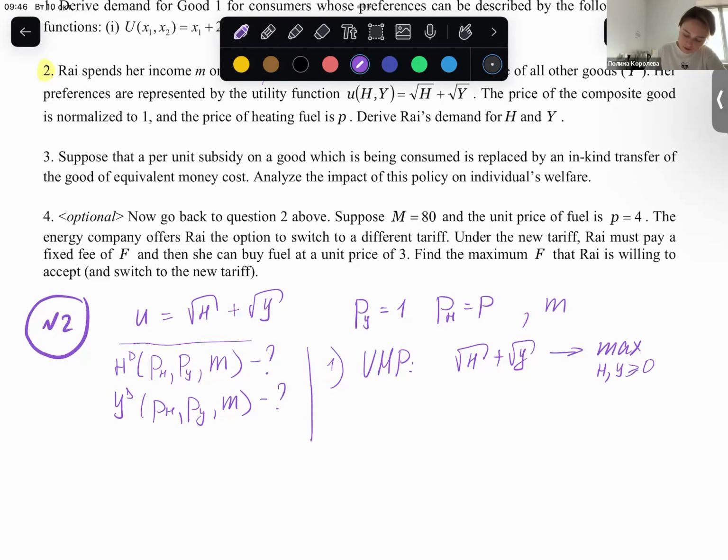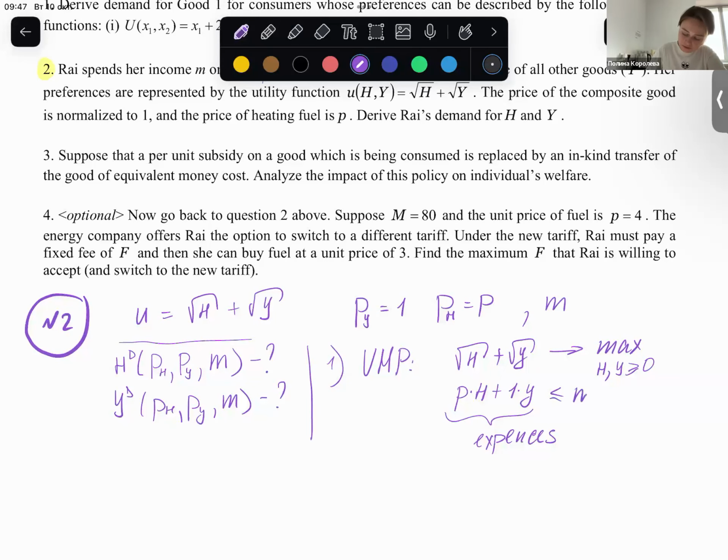So our budget constraint: the price of heating multiplied by the amount of heating that we will buy plus 1, the price of the composite good, multiplied by Y. And these expenses should be less than or equal to our monetary income. So this is our program.